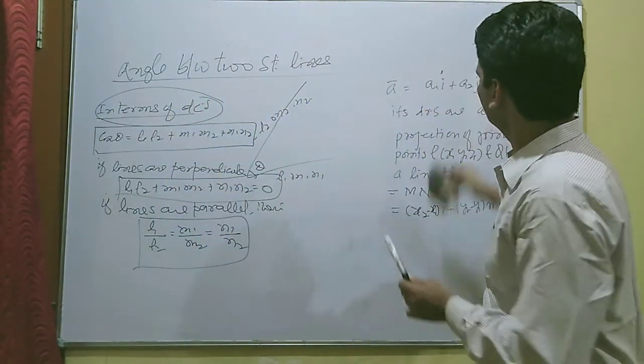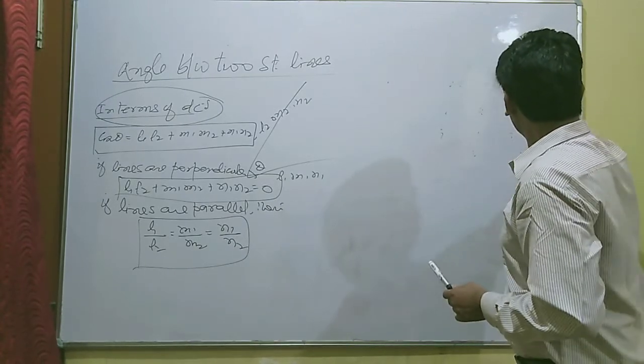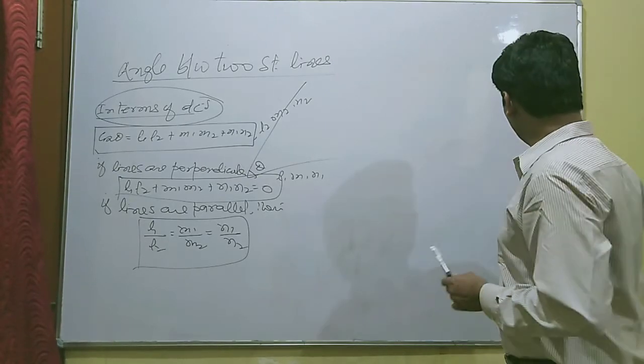If direction ratios are given, we can use the direction ratios directly to find the angle between two given lines.